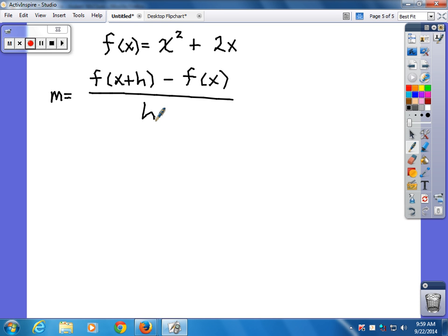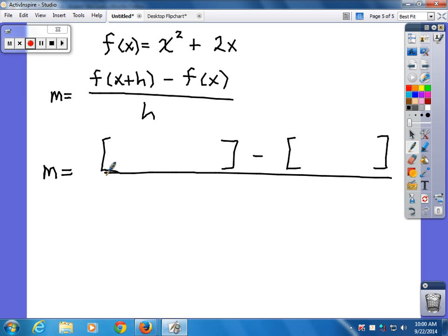All right, so here we go. M is equal to f of x plus h minus f of x over h. And the easy one to fill out is this one because you just have to rewrite this.